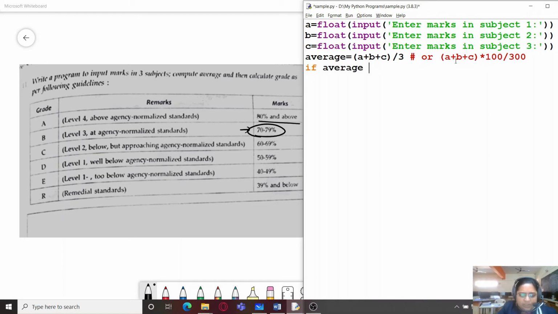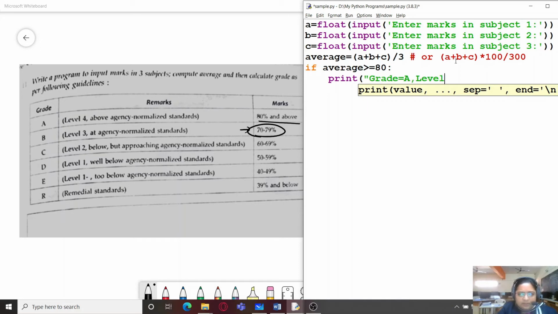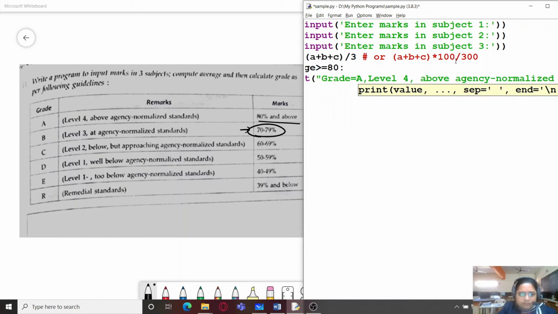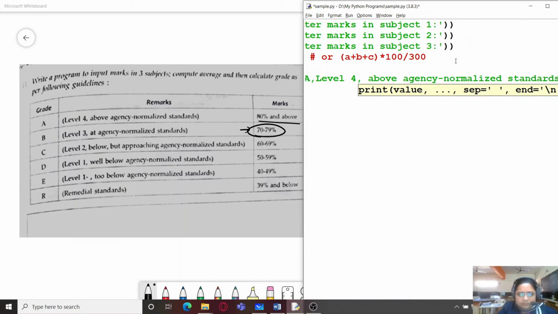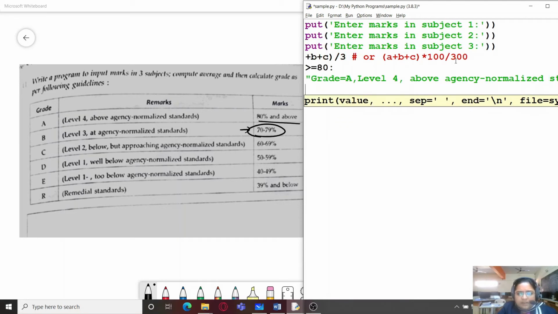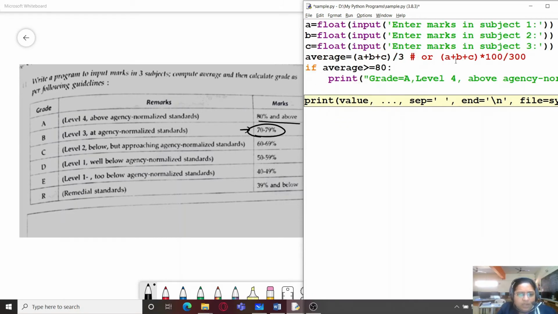If average is greater than equal to 80, print grade A, and we'll print this statement also. That is grade A level 4 above agency normalized standards.